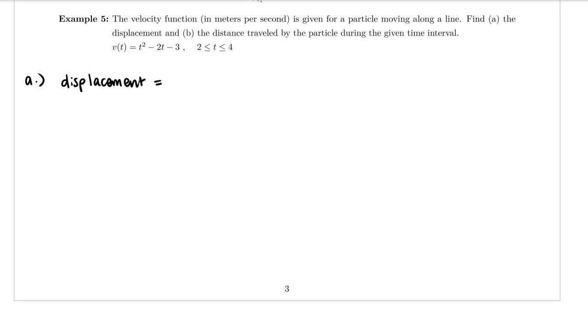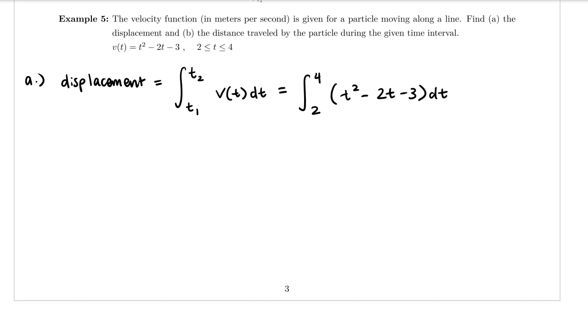And we saw the formula up above. I'll just go ahead and copy it down again. So it's the definite integral from time 1 to time 2 of our velocity function. So in this case, our time 1 is 2 seconds, and our time 2 is 4 seconds. And then our velocity function is t squared minus 2t minus 3 times dt.